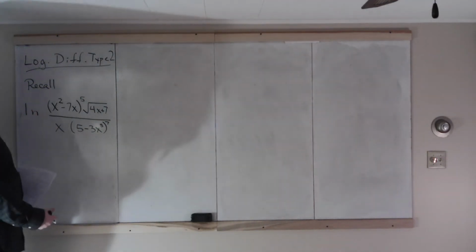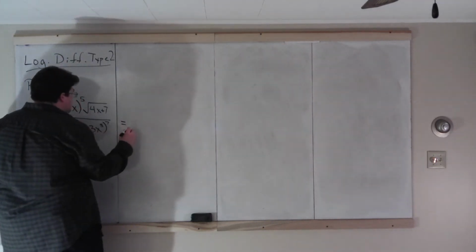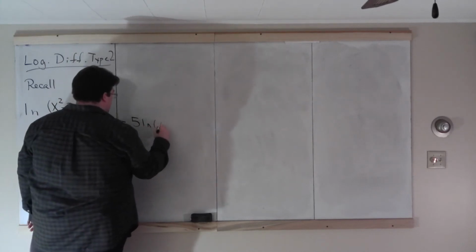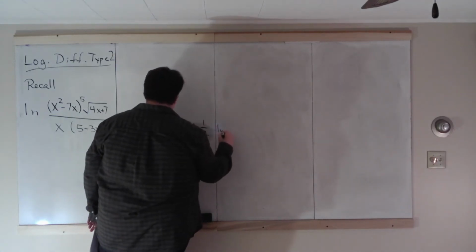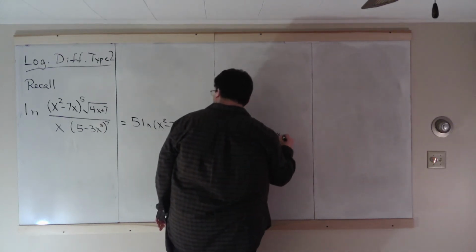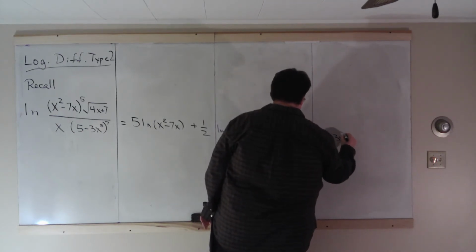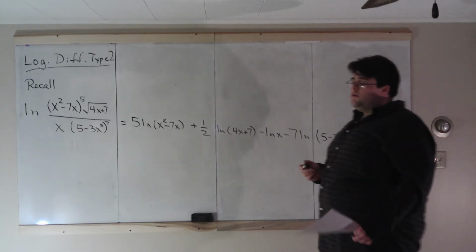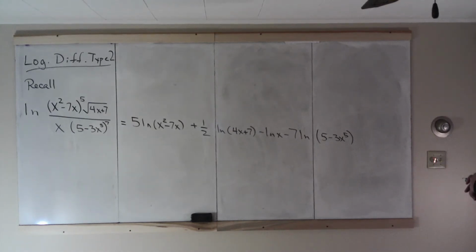Logarithm of all of this, well, the quotient splits, the product splits, the exponent splits, and this all simplifies to this. So recall, using the logarithm rules, we can split a large function like that into these four pieces.